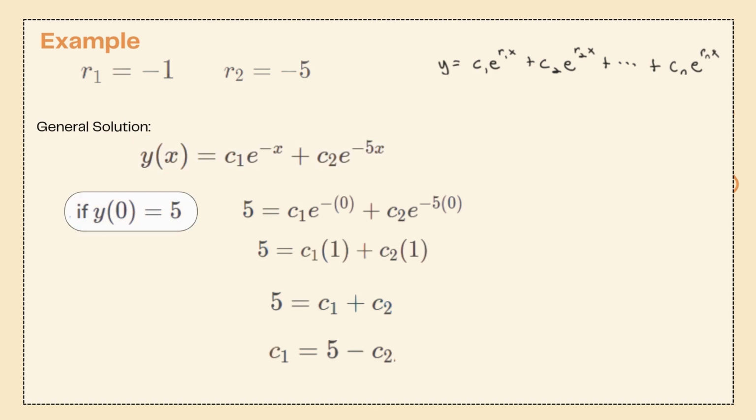If y of 0 is equal to 5, we're going to substitute it. 5 is equal to c sub 1 e raised to negative 0 plus c sub 2 e raised to negative 5 times 0. 5 is equal to c sub 1 times 1 plus c sub 2 times 1. 5 is equal to c sub 1 plus c sub 2. So, c sub 1 is equal to 5 minus c sub 2.